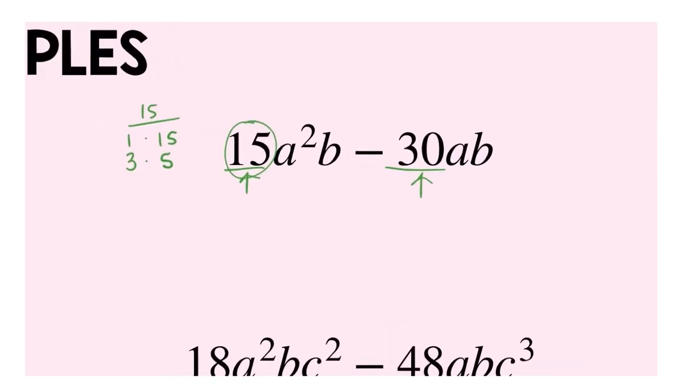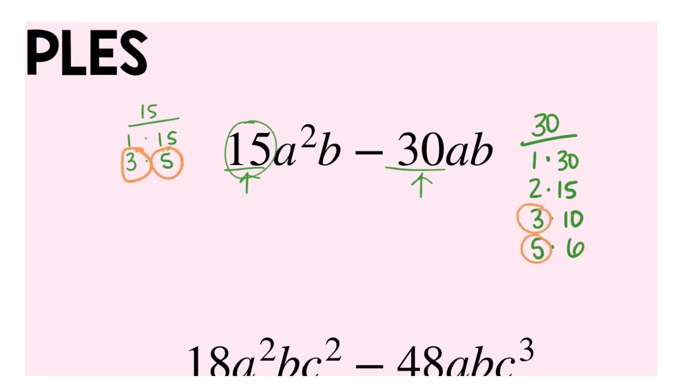Factors of 30 would be 1 times 30, 2 times 15, 3 times 10, 5 times 6. So if you look, they have 3 in common, they have 5 in common, and they have 15 in common. But you have to take the greatest common factor. That's what the G stands for in GCF. You have to take the largest one, and the largest one would be 15.